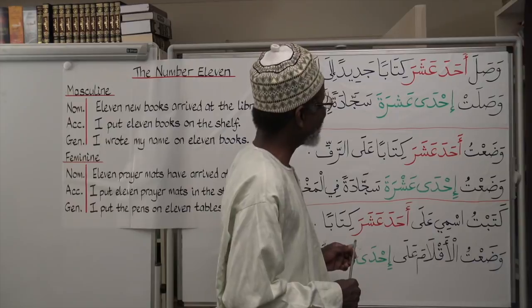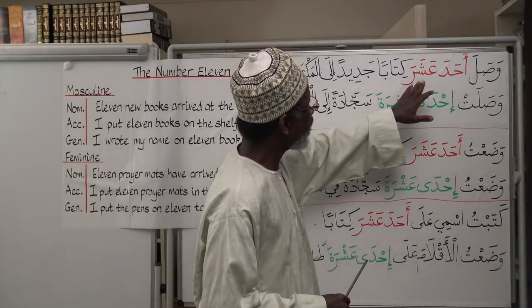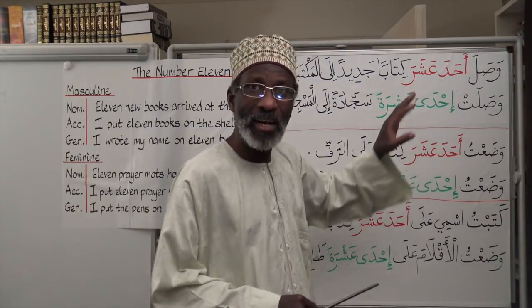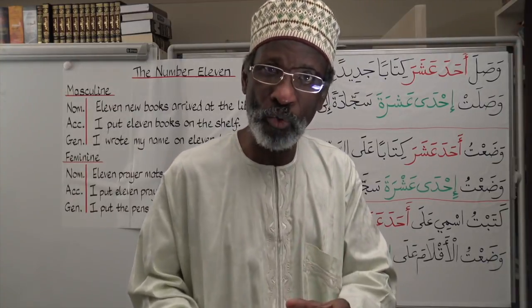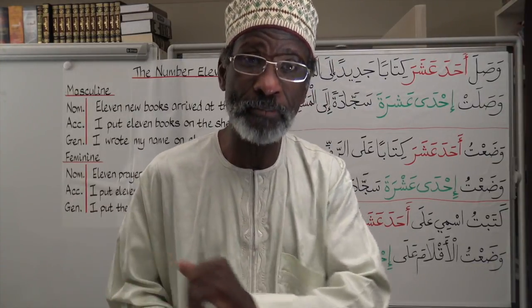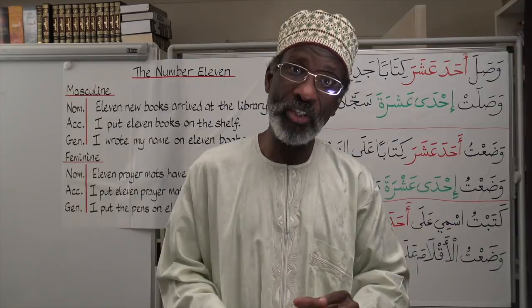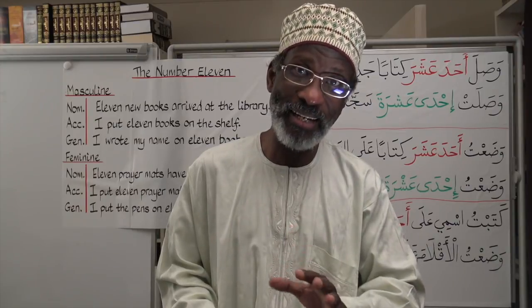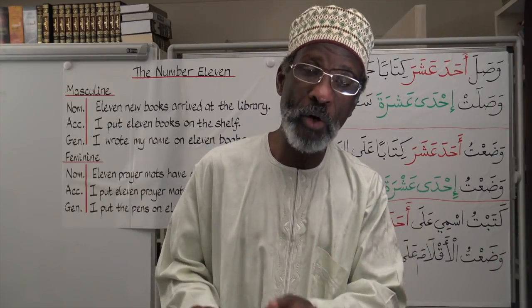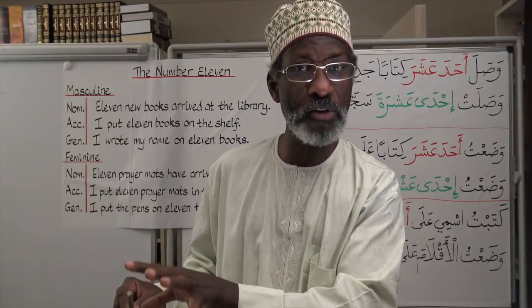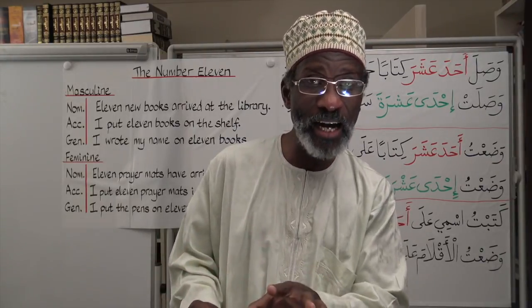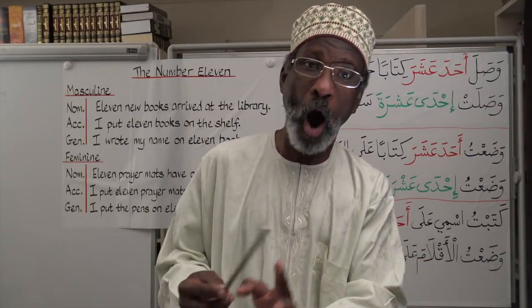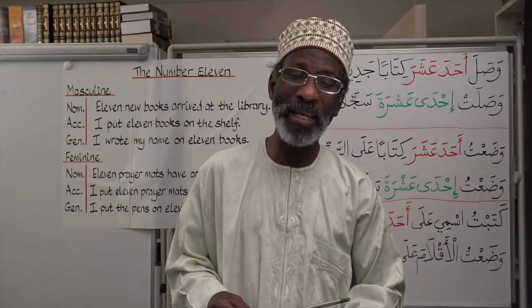Next rule is for number 10 standing alone. We have learned that if number 10 stands alone, it follows the same rule as number 3, 4, 5, 6, 7, 8, 9, meaning it will be opposite in gender to the noun being counted.